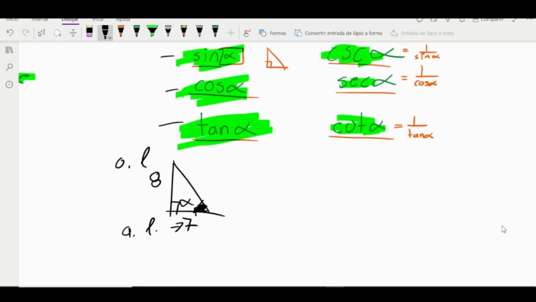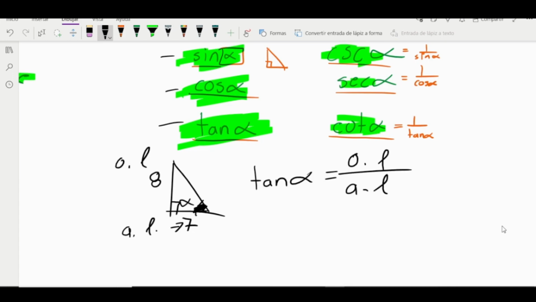And here we can say that we can use the tangent. Why the tangent? Well, we can use the tangent of the angle. It's important to mention the angle. We can use the opposite side divided by the adjacent side.